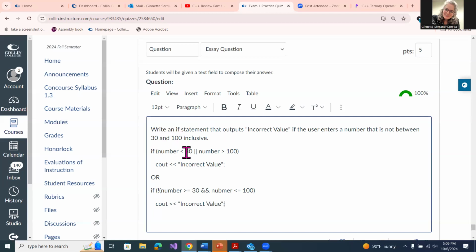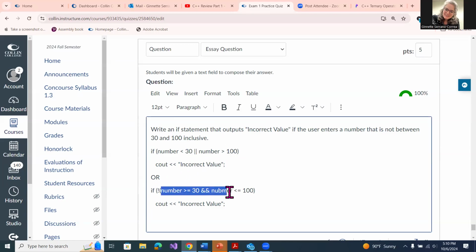Here we're saying, if the number is less than 30, so it has to be between 30 and 100, right? So 29, 28, 27, and so on. Anything less than 30 or anything bigger than 100 is incorrect. You have to use the or, because you can't have a number that's both less than and greater than. That's impossible.